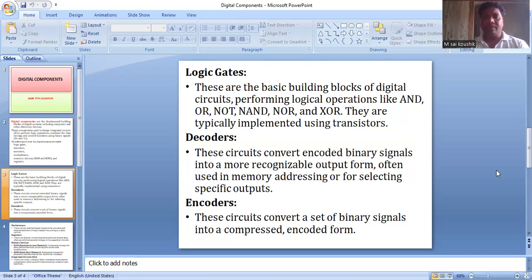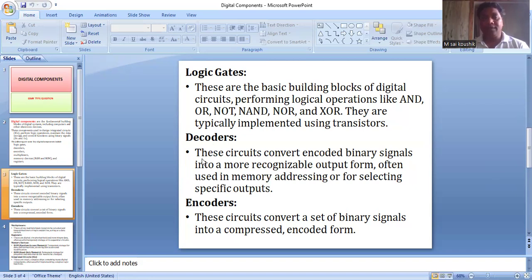We are converting the text into binary text, and binary back to plain text. Is it clear now? So this is taken care of by one kind of integrated circuit system, ICs. Then we go to decoders.